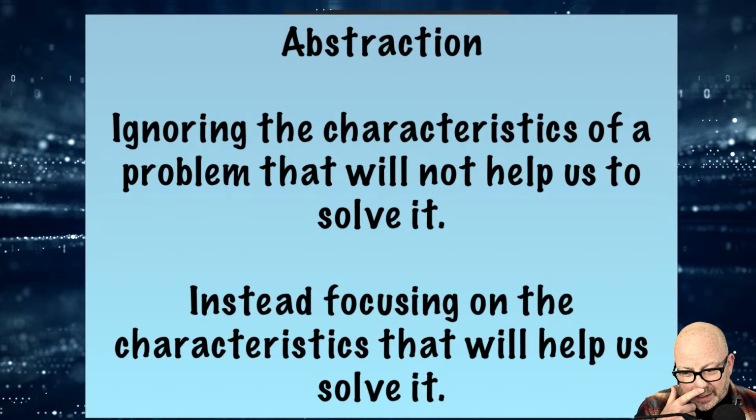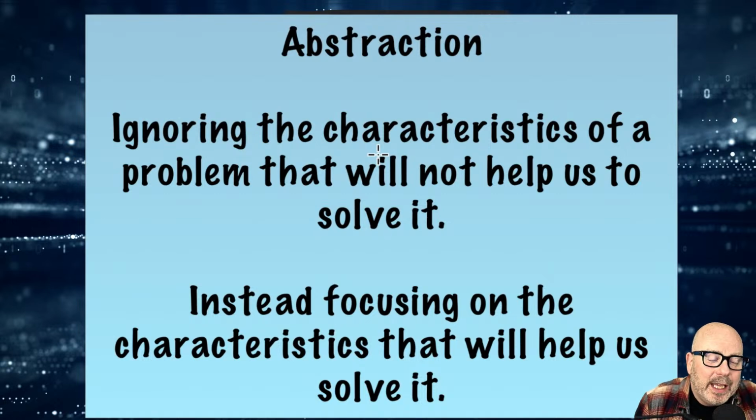So let's go for the quick definition. Sometimes they want you just to write this down. This is what you need to know. Particularly the first paragraph, it's only 2 lines. Abstraction is ignoring the characteristics of a problem that will not help us to solve it, and instead focusing on the parts that will.